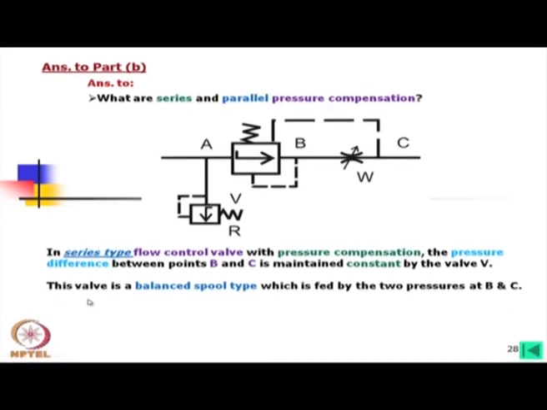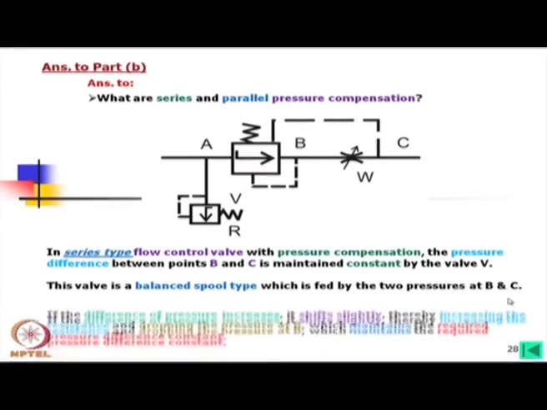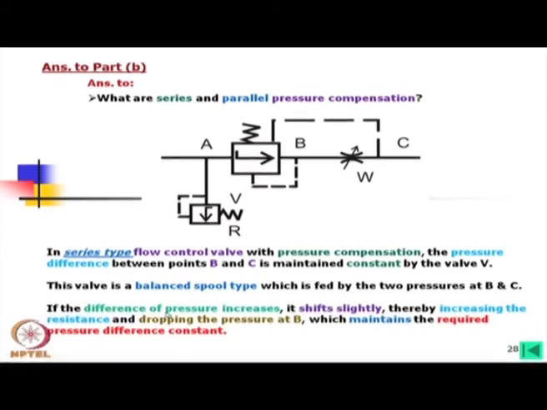This valve is a balanced spool type, which is fed by the two pressures at B and C. If the difference of pressure increases, it shifts slightly, thereby increasing the resistance and dropping the pressure at B, which maintains the required pressure difference constant.